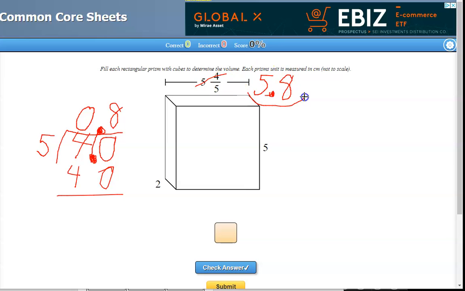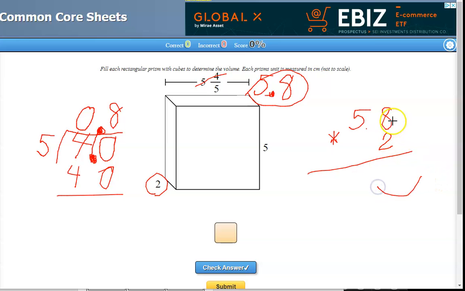So then you know you would take the length, which is 2, times the width, so the most digits goes on top, and you don't line up decimals because you are not adding or subtracting. So you would multiply that, doink the decimal once because there's one place after the decimal. Take that answer times 5.